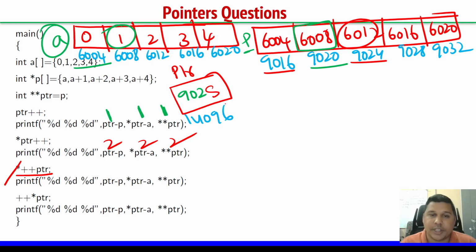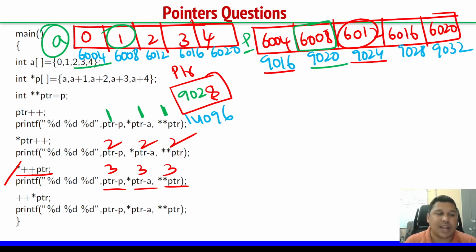What is the meaning of PTR plus plus? Take the content of PTR, add 1 to it, store the result back in PTR. So this becomes 9028. Now if you find out these three values, it will give you 3, 3 and 3. You can calculate.